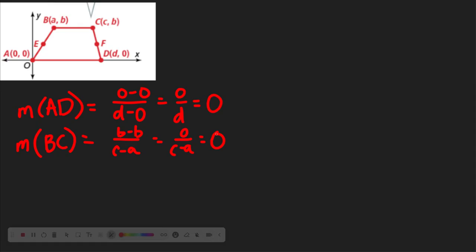I have to find the midpoints. So what is point F? Well, that's going to be the average of D and C. So D plus C divided by 2, comma, 0 plus B divided by 2.